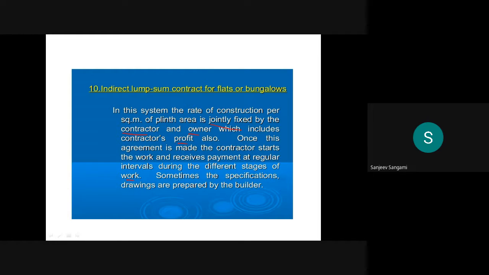Sometimes the specifications and drawings are prepared by the builder itself. Here it is a very small work.